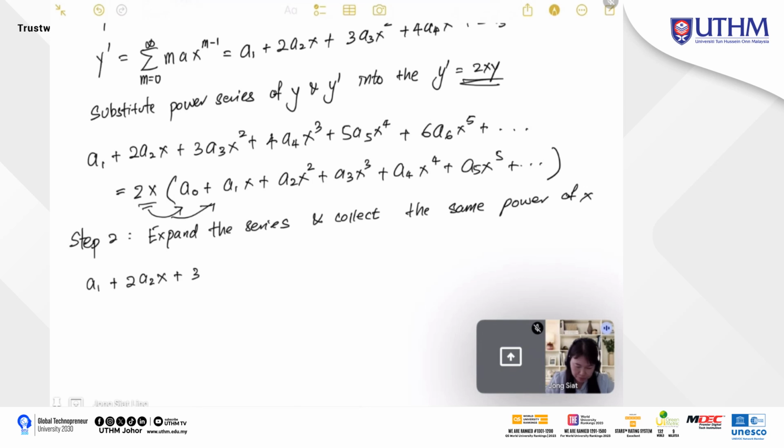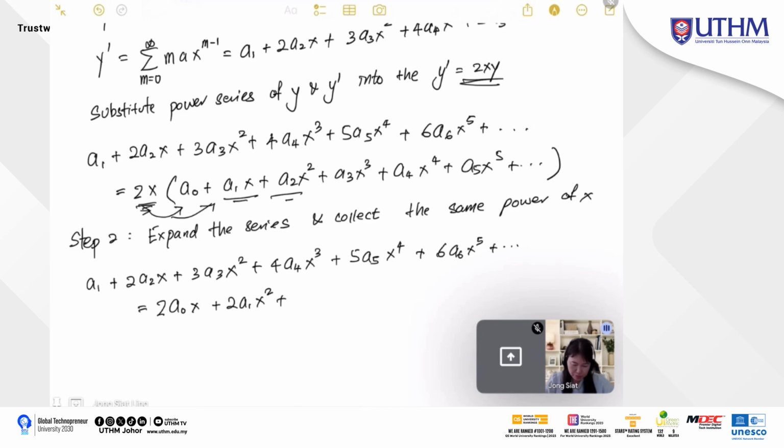Then it equals, this 2x you multiply with a0, so you get 2a0 x. Then 2x multiplied with a1 x, you get 2a1 x^2 plus 2a2 x^3 plus 2a3 x^4 and so on. So step 2 is done.